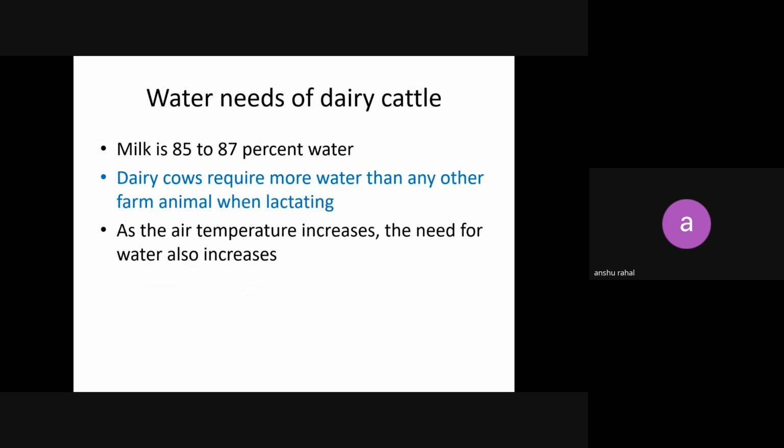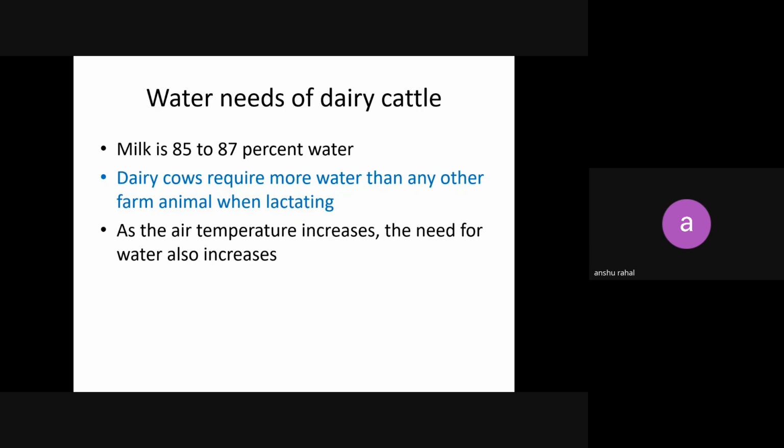Then water is also of prime importance. You know that like human beings, animals also need the same six nutrients: carbohydrate, protein, fat, mineral, vitamin, and water. Without water, the utilization of the other nutrients within the body is affected. Milk is about 85 to 87% water, and if you are not providing water, milk production is affected.